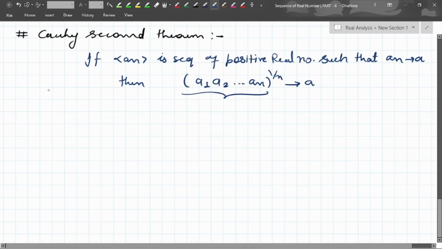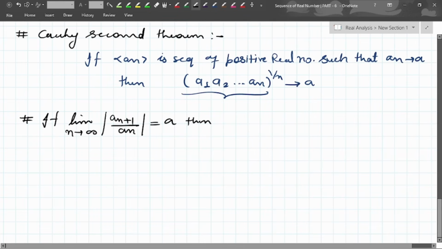Then we have some kind of root test for finding the limiting case. Whenever you want to calculate the limit, as n tends to infinity, of a(n+1) upon an, where an is a positive real number sequence, let's say it is equal to a.